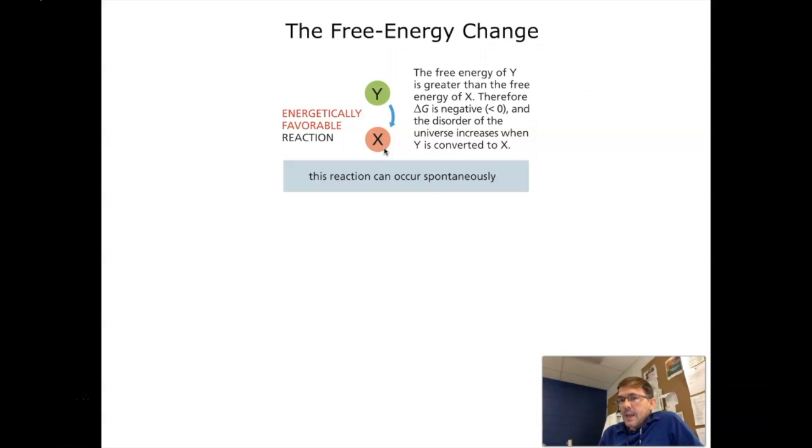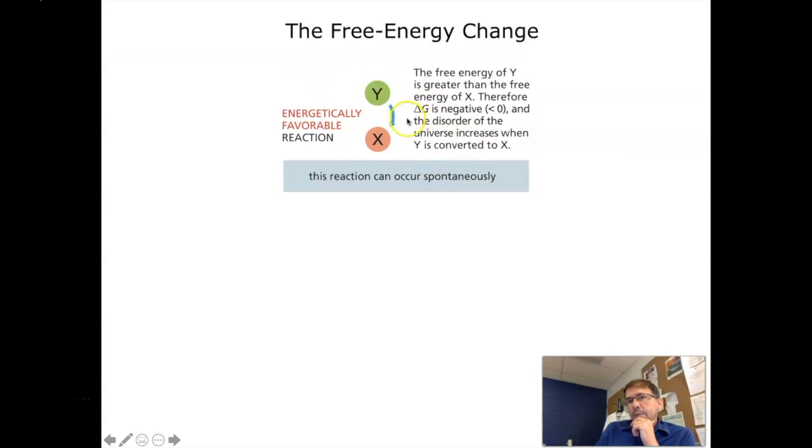Even if it's spontaneous, that doesn't mean it happens immediately. It may be that an enzyme helps to move some sort of spontaneous reaction along, so that instead of taking minutes, months, or years, it takes fractions of a second, which is the timeline that cells need to be working on.